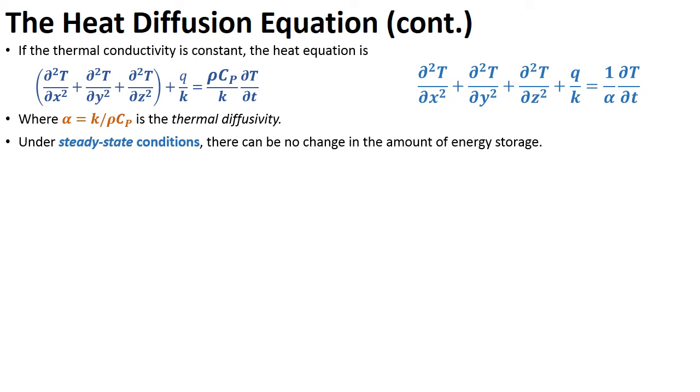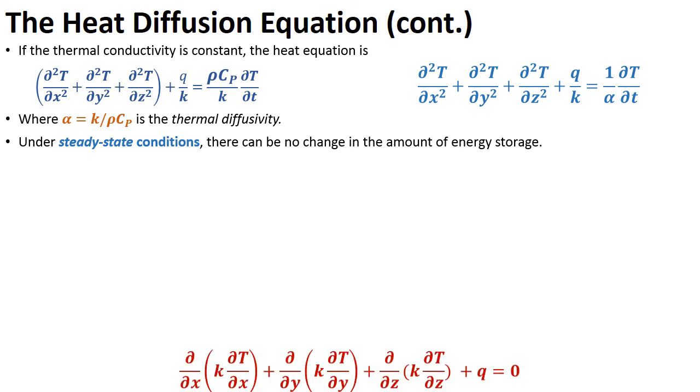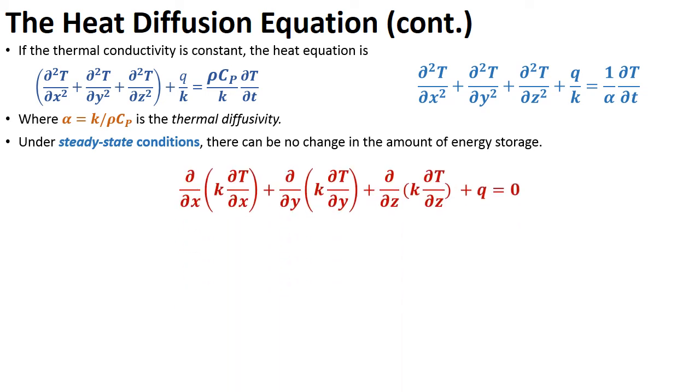So we will come up with the equation ∂/∂x k ∂T/∂x plus ∂/∂y times k ∂T/∂y plus ∂/∂z times k ∂T/∂z plus q is equal to 0. No energy will be stored if we consider steady state conditions.